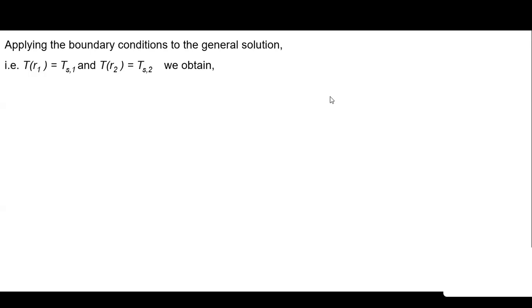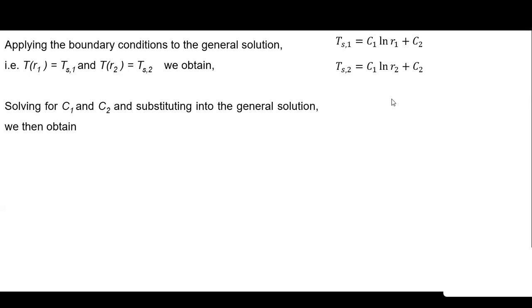If you put these boundary conditions in the equation, the first gives Ts1 equals C1 into natural log of R1 plus C2. The second gives Ts2 equals C1 natural log of R2 plus C2. You can note the changes in the values of Ts and R. Now we have two simultaneous equations, and we have to solve them for two unknowns, C1 and C2.